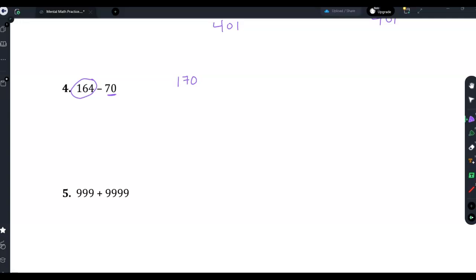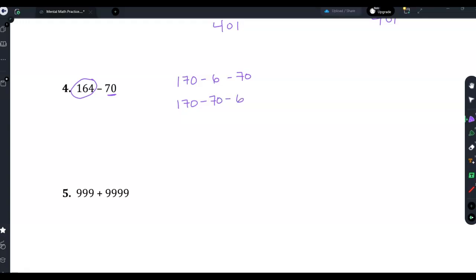So really what I'm doing is I'm saying 164 is 170 minus 6, right? Or it's 6 less than 170. And then remember that I'm subtracting 70. So 170 minus 70, if I use the commutative property, that's easy to do in my head.